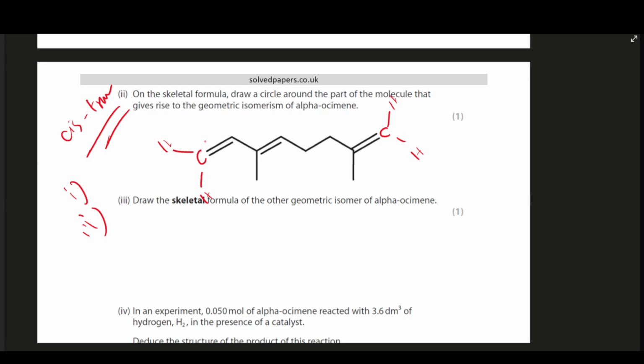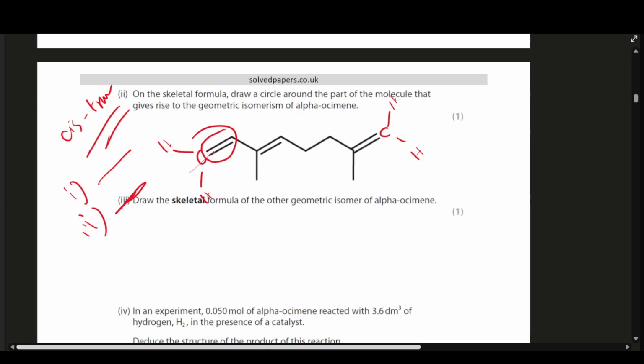The two carbons in the carbon-carbon double bond, one carbon cannot contain two identical atoms. And the second condition is that there must be restricted rotation along the plane of the carbon-carbon double bond, meaning that the whole thing cannot rotate, that this bond and this bond cannot rotate and exchange their places. These are the two conditions.